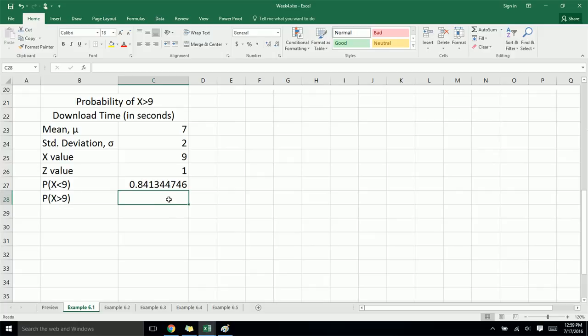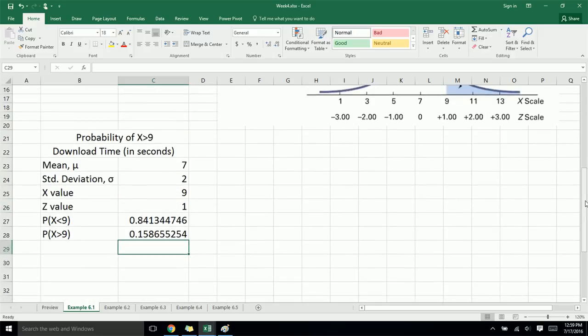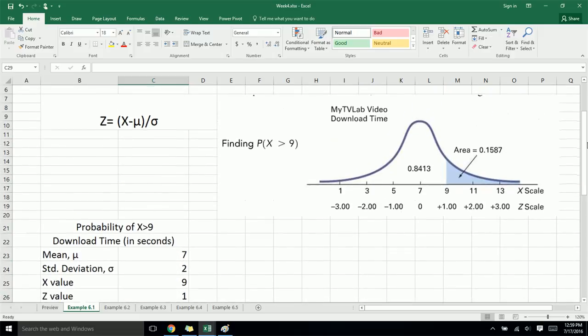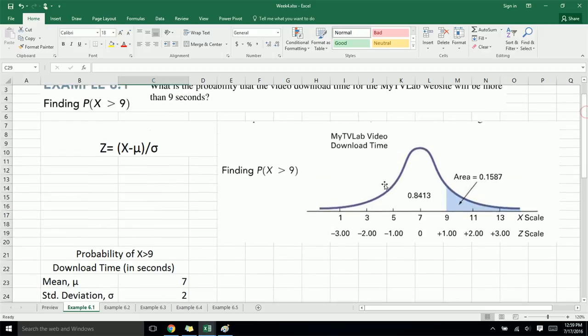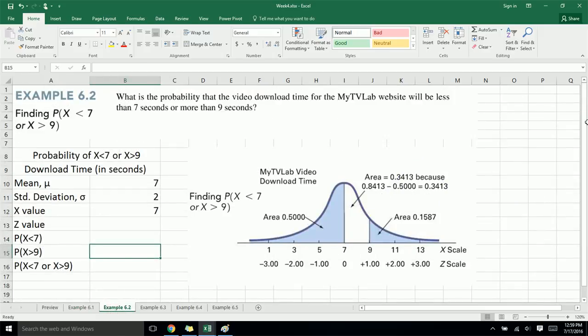So let's do that. Equal sign, 1 minus this. So the probability of x being greater than 9 is 0.15, about 15%. So that's it. Let's move on to example 6.2.